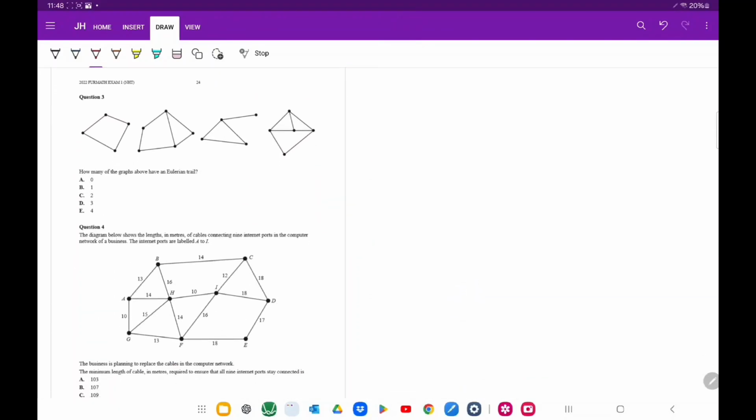Next, question 3 talks about a Eulerian trail. When we're talking about Eulerian trails, we're talking about all edges being connected, but no more or less than 2 odd degrees. In this case, we've got 3. Reason being, we've got 2, 3, 2, 3, 2.